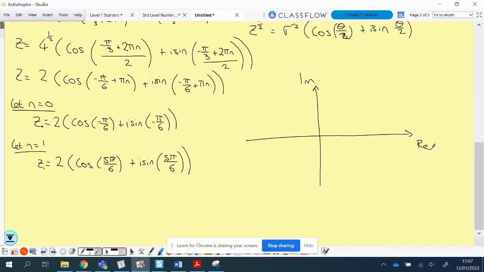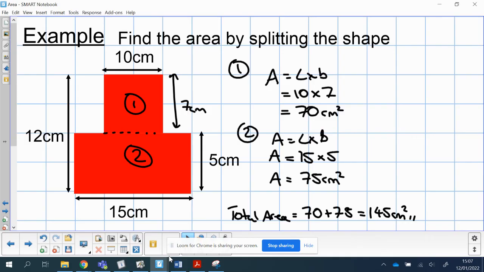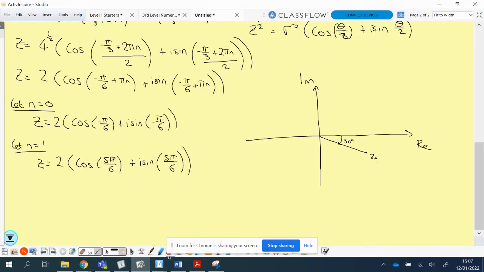So if I go down sort of 30 degrees this way, and let's say that's got a length of 2, then that is where Z0 is going to be. This is where I don't have the best sketching power in the world. That's not the straightest line, I'll try and make that a bit straighter for us. Probably just done even worse, but anyway.